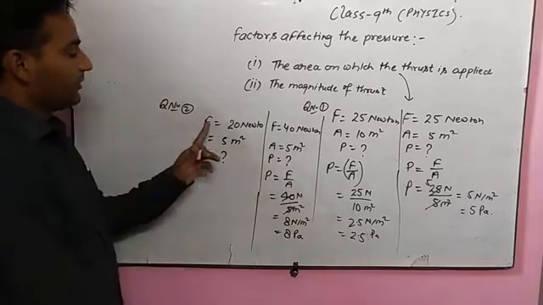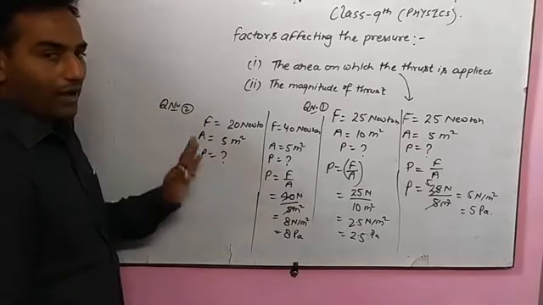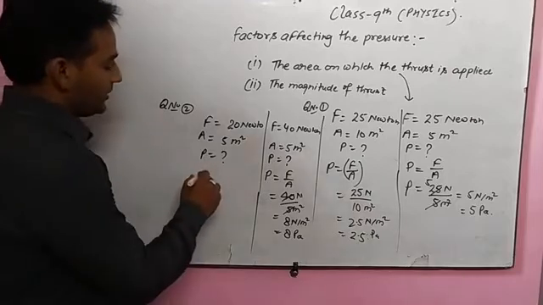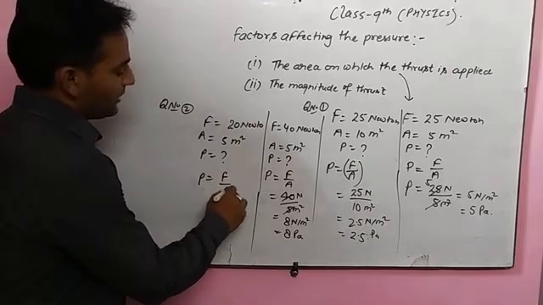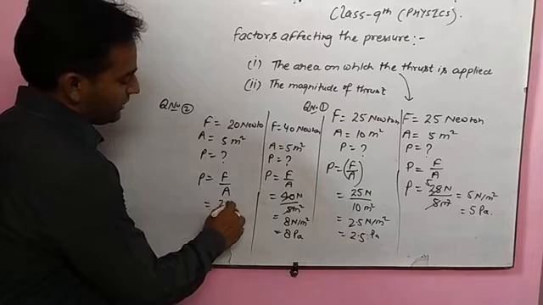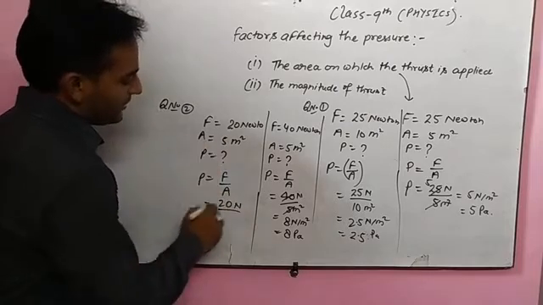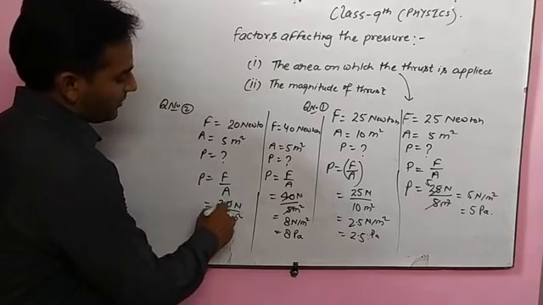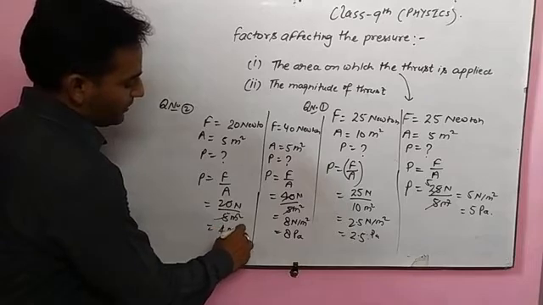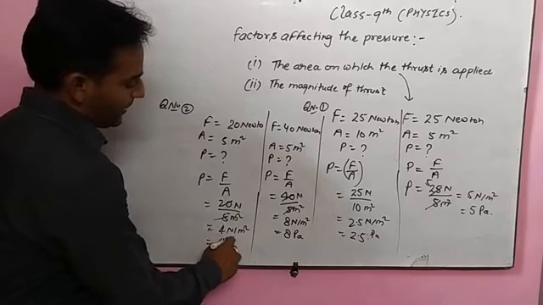In the same way, the force, the thrust, is now half, 20 Newton. P is equal to force upon area, force is 20 Newton, and area is the same, 5 meter square. Now we can write 4 Newton per meter square, that is 4 Pascal.